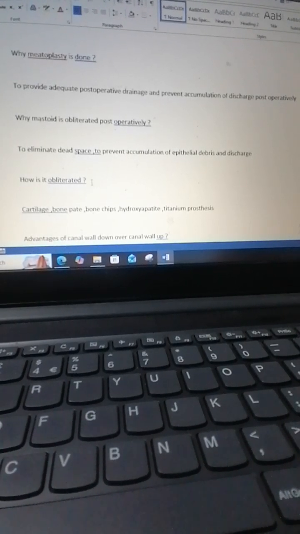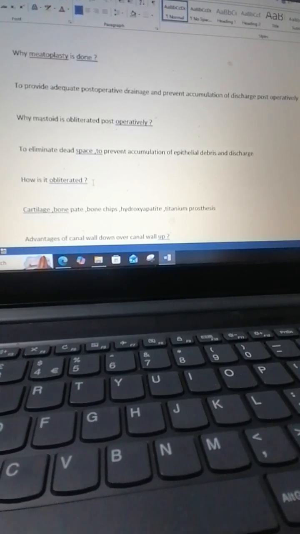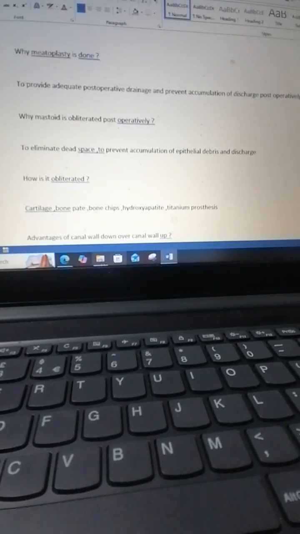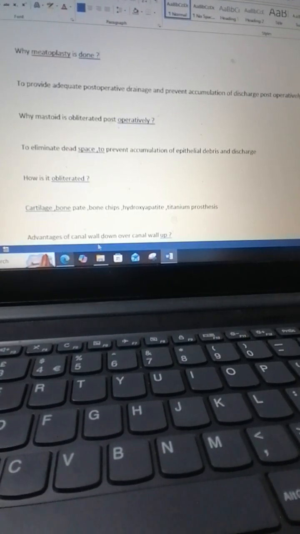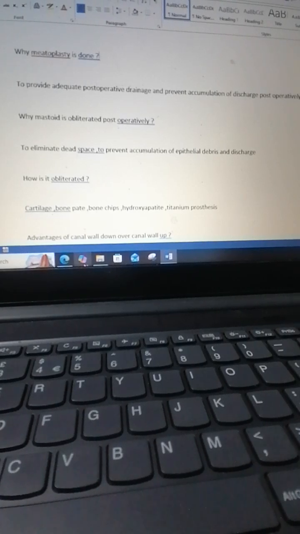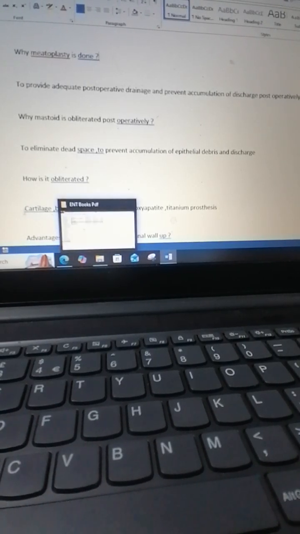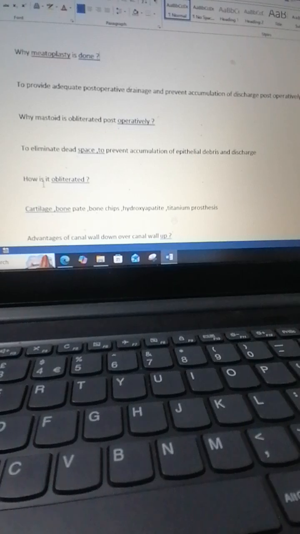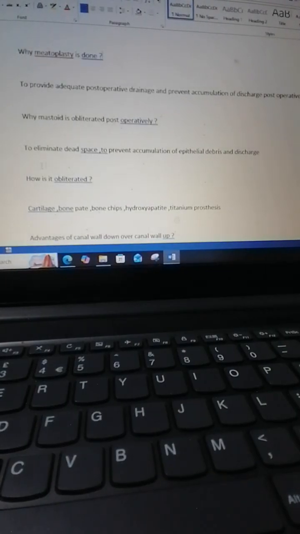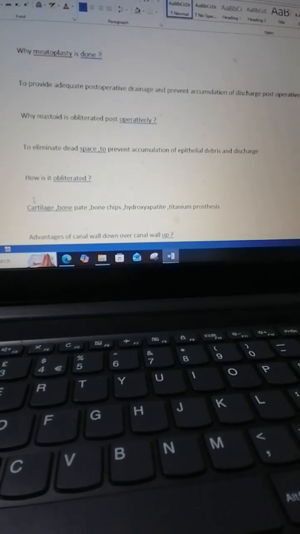So there is always a why and how of all your statements. If you say mastoid obliteration indications or importance, they can ask you how it is obliterated, what is the mechanism of obliteration, and what you can use in obliteration.